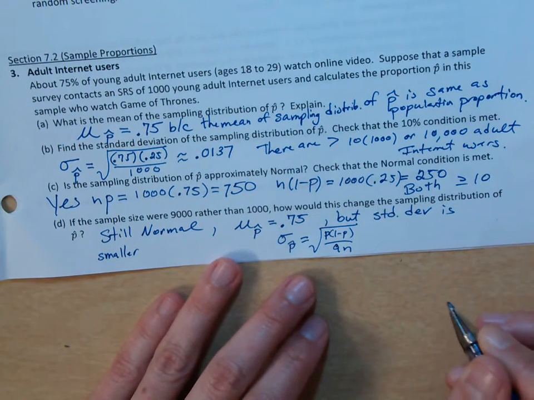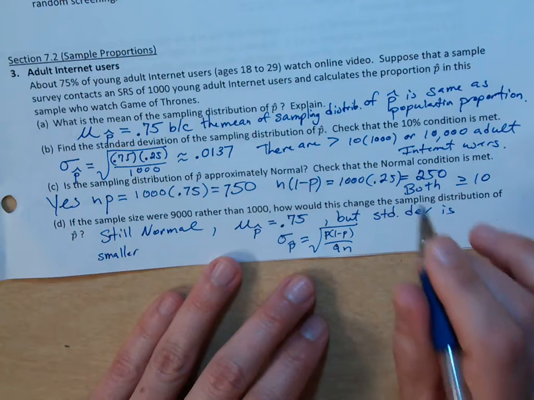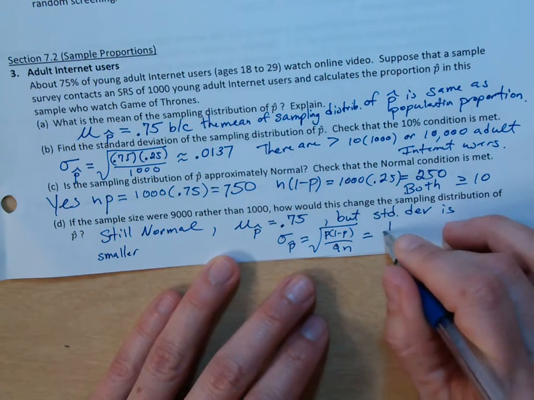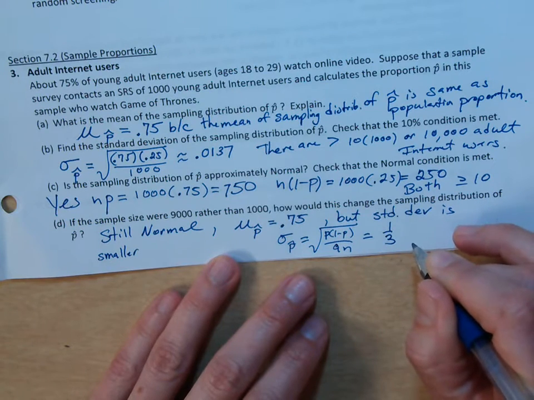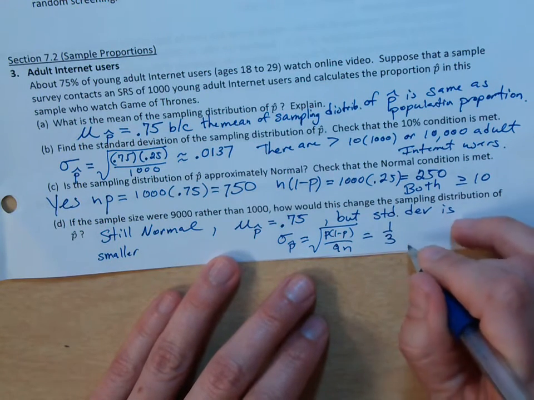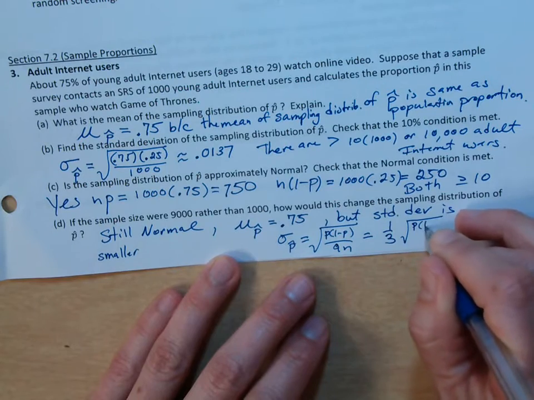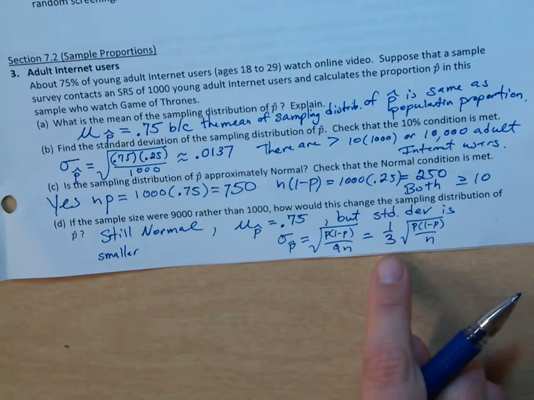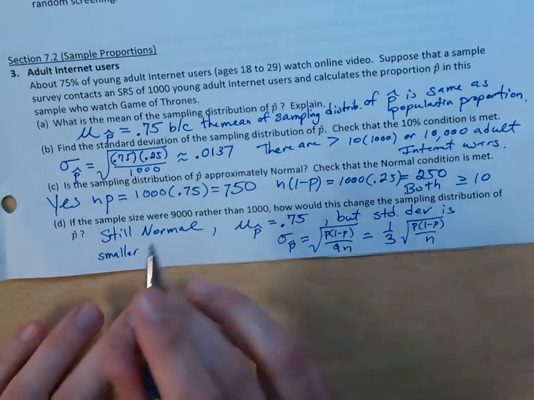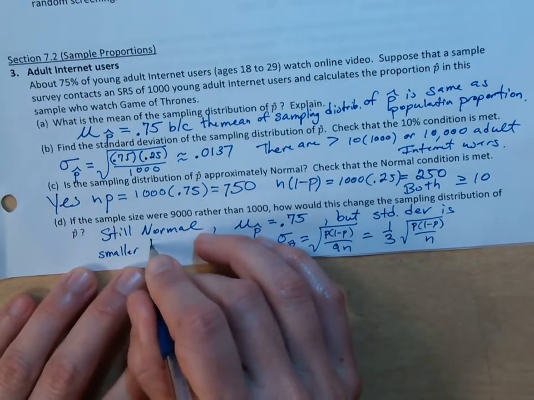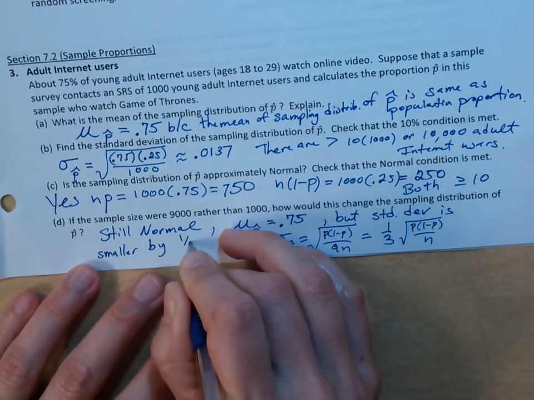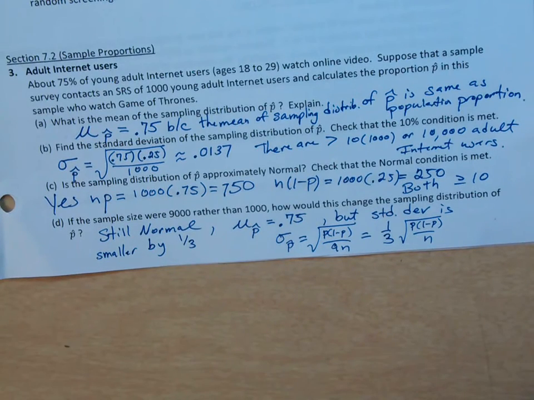So it's the square root of 9, which, if we take it out of the radical, is 3, so we get 1/3. It's a third of the size, smaller by a factor of 3. So the standard deviation is smaller by a third if the sample size is 9 times as big, because we're taking the square root.